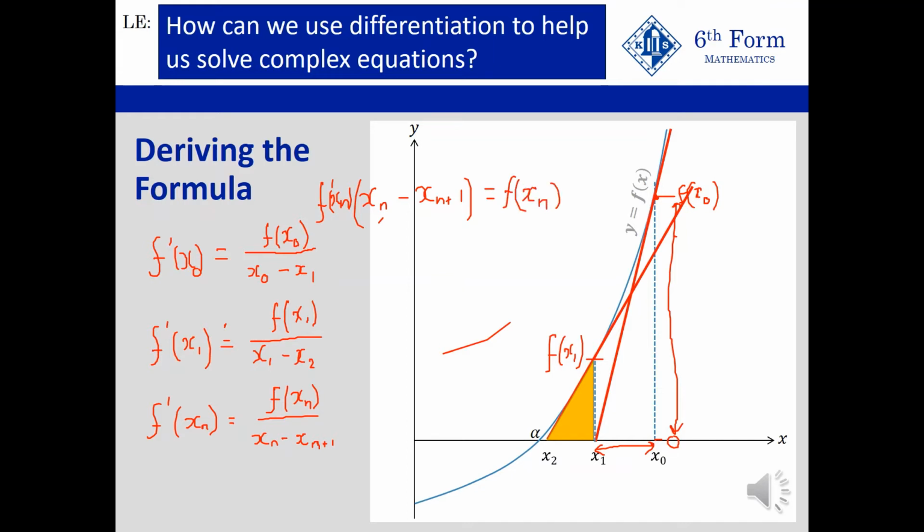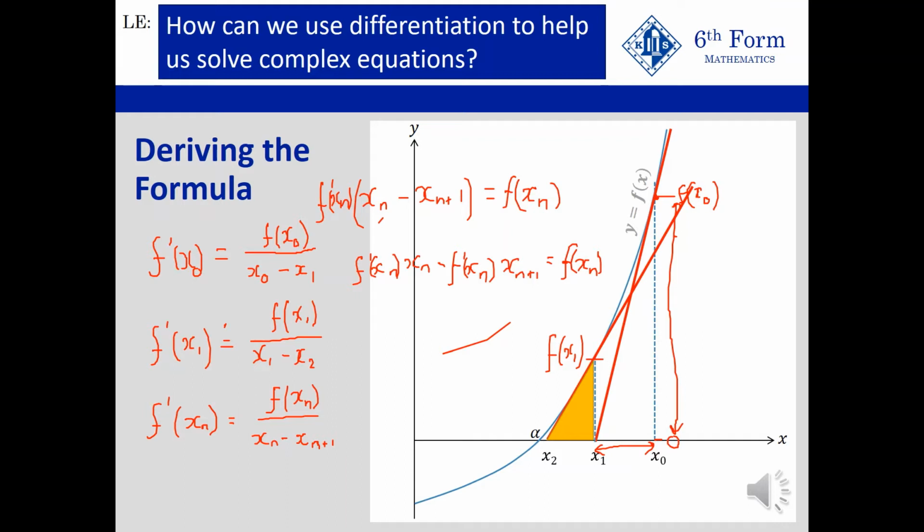If we expand out the brackets, we'd get f dashed of xn times xn minus f dashed of xn times xn plus 1. That would have to be f of xn, and we're trying to make the xn plus 1 the subject of our formula.